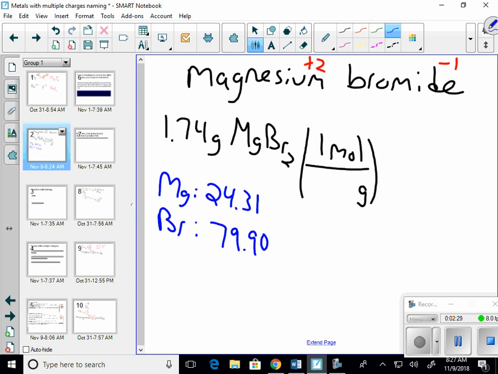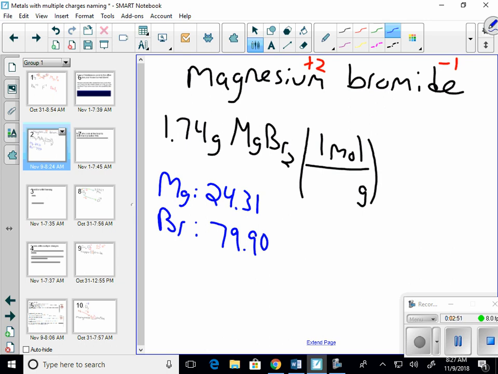Kinsey, should I just add up those 2 values to find out the mass of magnesium bromide? No. What should I be doing also? Using the values of gases. The noble gases? Yeah. Well, the noble gases is why we have the charges that we do.